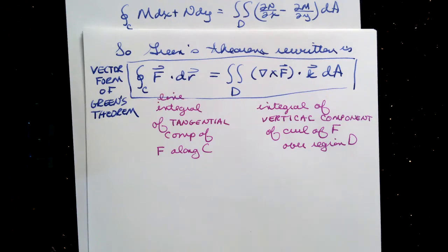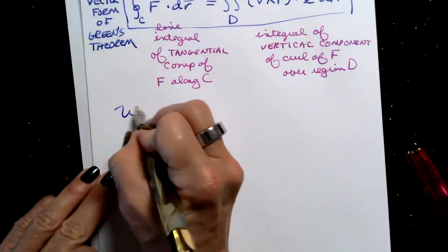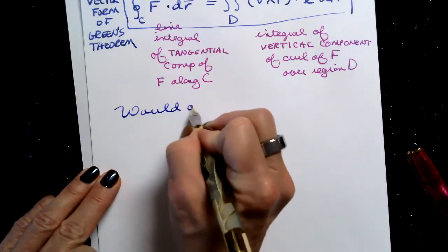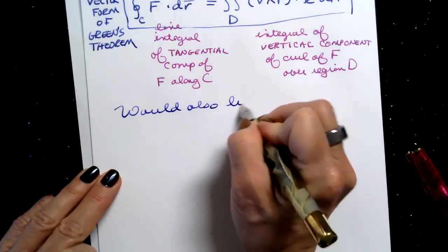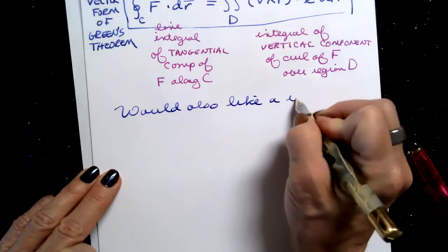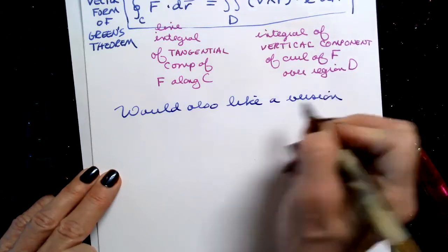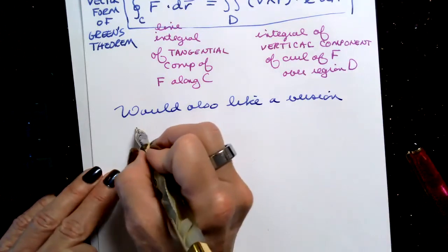Okay. All right, that's nice, and that's one goal that we had, but we would also like a version for the normal component of F along C.